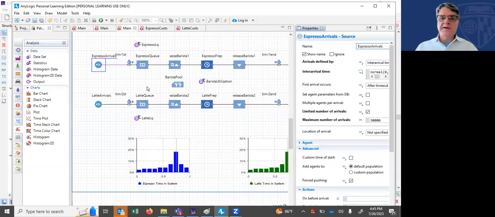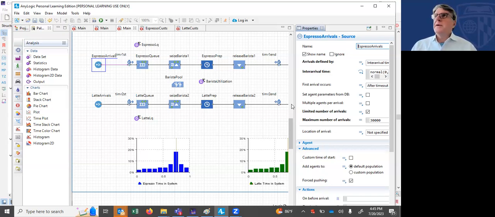And then once they've arrived, they line up. There's a timer, so I'm going to basically go ahead and figure out the timing system for the espresso customers and then for the latte customers separately. Unfortunately, it's not going to be easy to get an aggregate timing system here. But what we do know is that espresso arrivals occur at roughly 3 times the rate of latte arrivals.